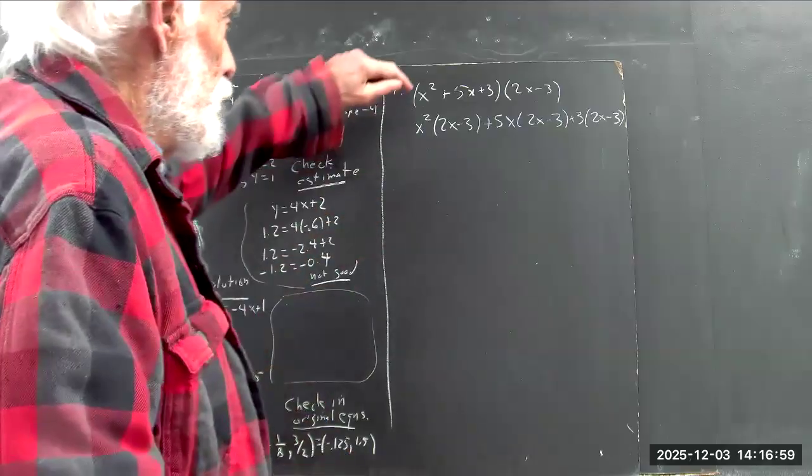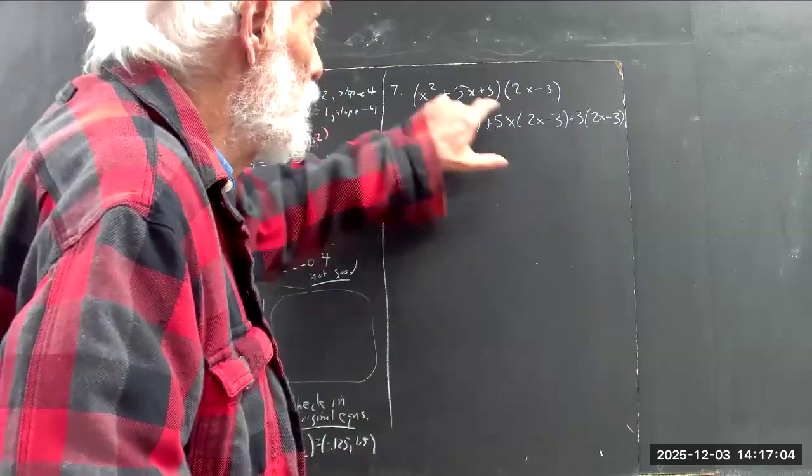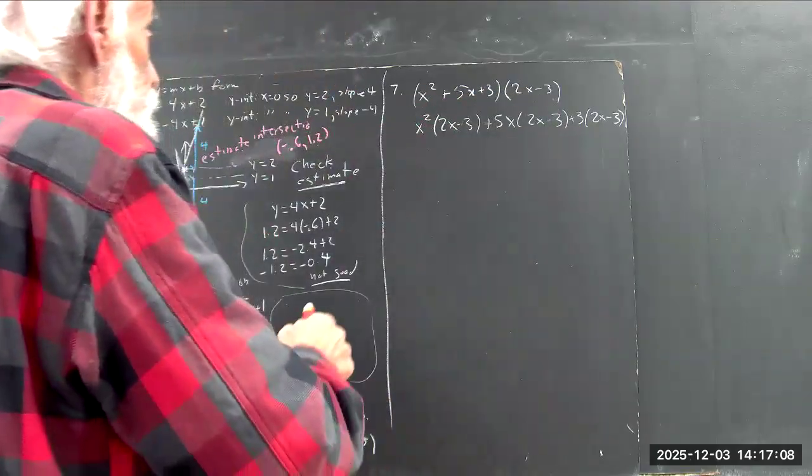All we're saying is that x squared multiplies this, and then 5x multiplies this, and then 3 multiplies this. That's the essence of the distributive law.